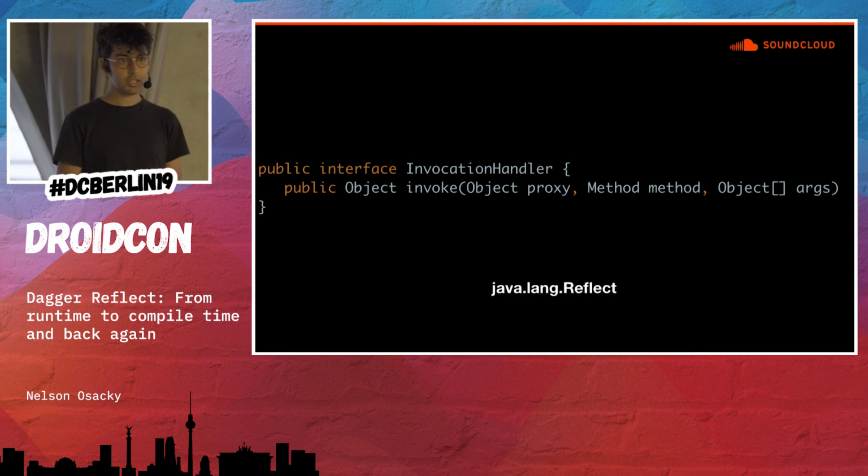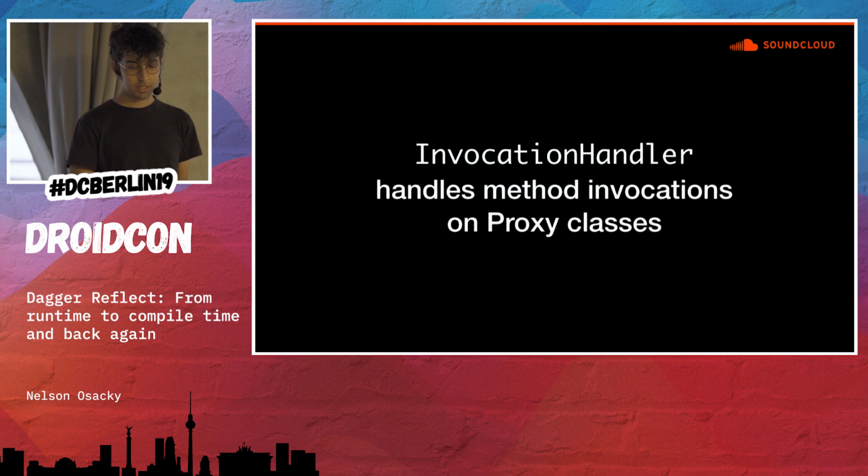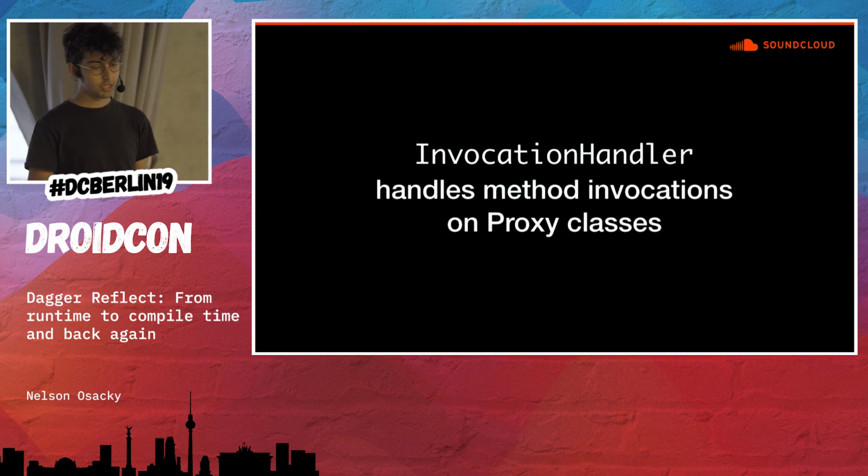You can reject calls to the class, you can basically do whatever you want. And this is what Dagger uses, because normally you'd be calling, get me this object, get me that object on your Dagger application component, but there is nothing underneath it. So instead, we proxy the calls through the invocation handler, and that calls into a proxy class.